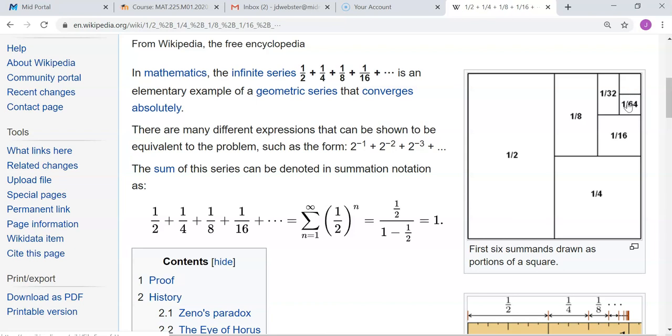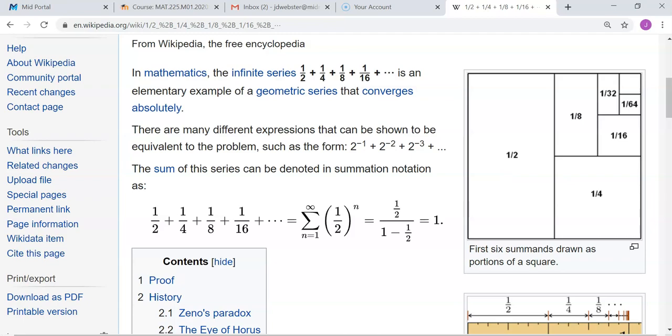And you can just continually cut in half and keep adding these fractions up. And you can see that if you do this an, quote, infinite number of times, you get the entire square. And the entire square, remember, is a 1 by 1 square, so it's 1 square unit.